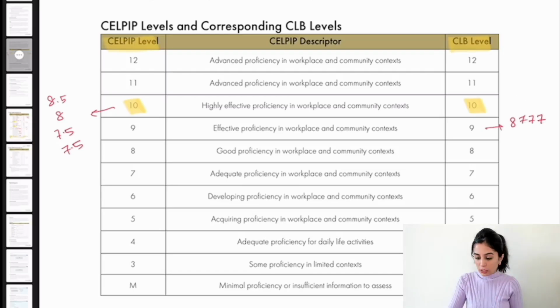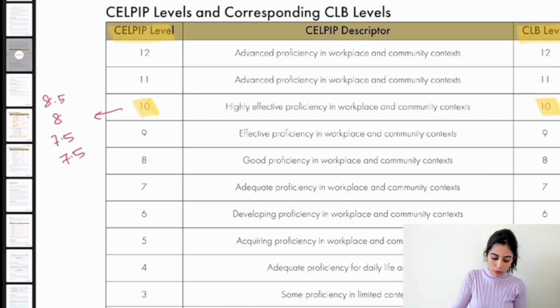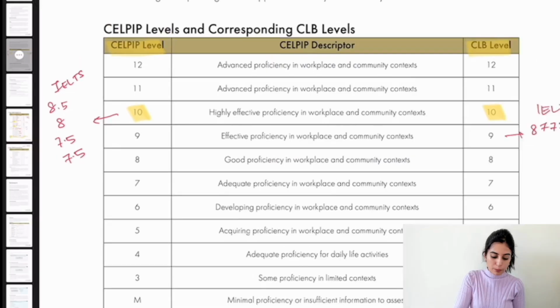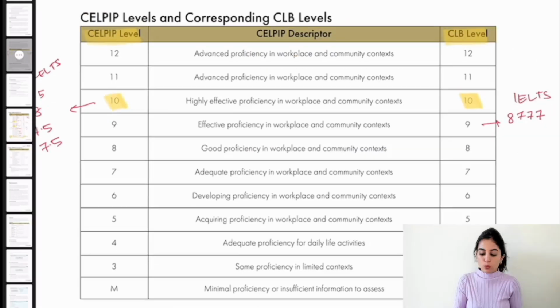So these are scores equivalent to IELTS. So 10 would be 8.5, 8, 7.5, 7.5, and 9 would equate to 8, 7, 7, 7, which was so far considered the magical score. Now you have to score these band scores to ensure that you get the maximum in your PR.